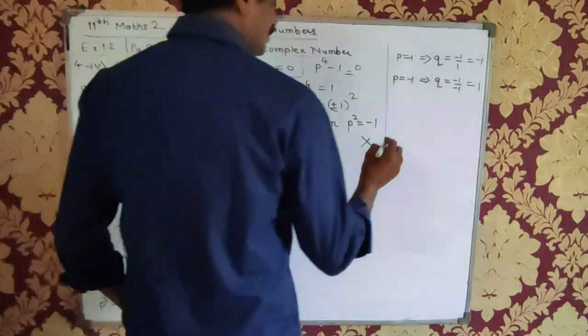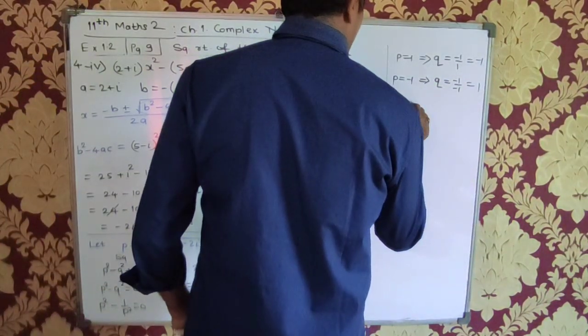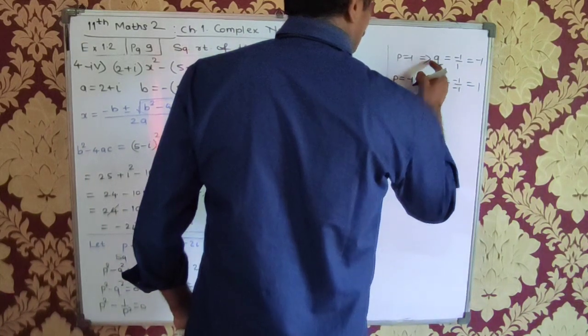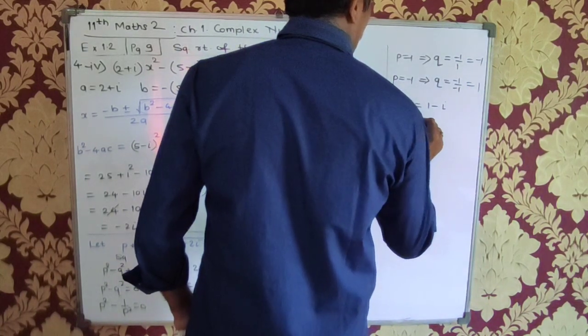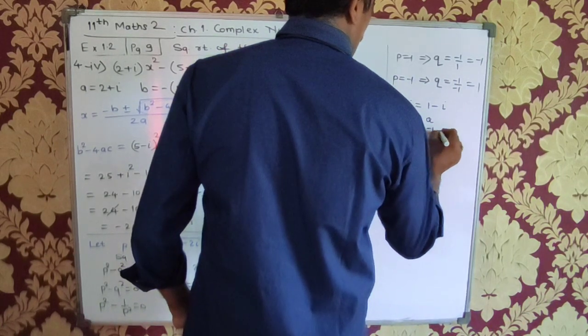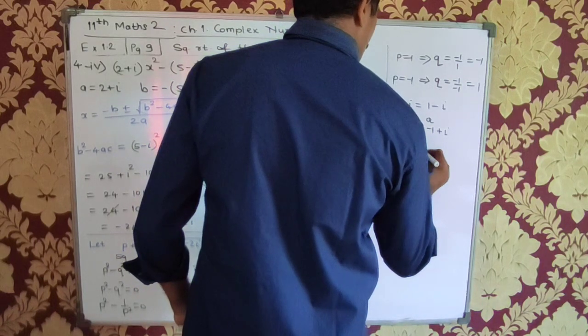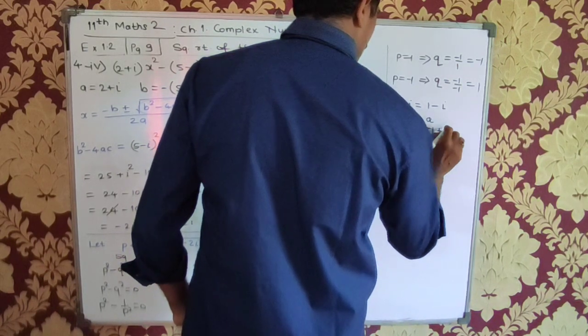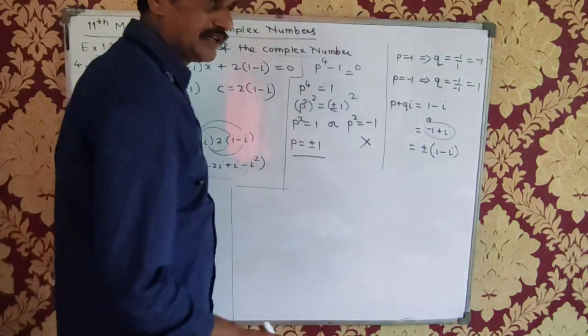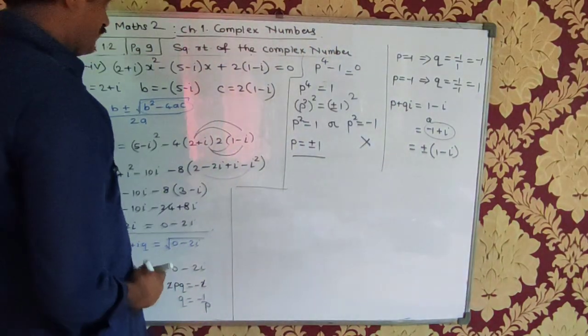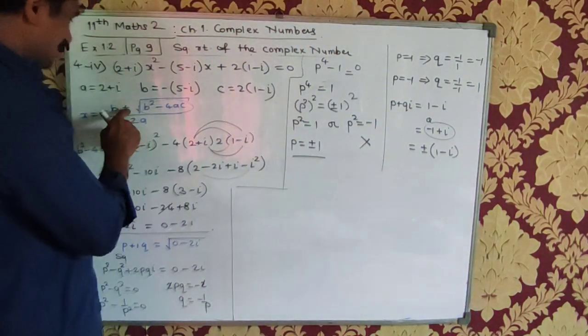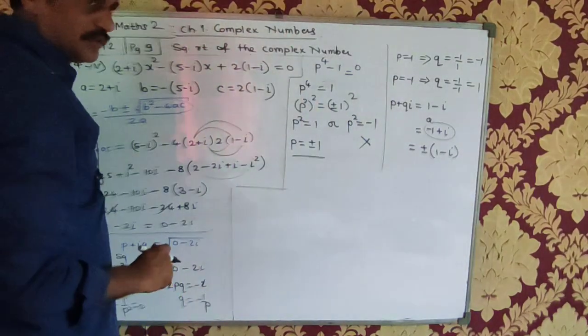So p plus qi will be 1 minus i and minus 1 plus i, that is equal to plus or minus (1 minus i), because if I take the minus sign here it will become 1 minus i. Right? So the plus minus that we usually take has already come here.